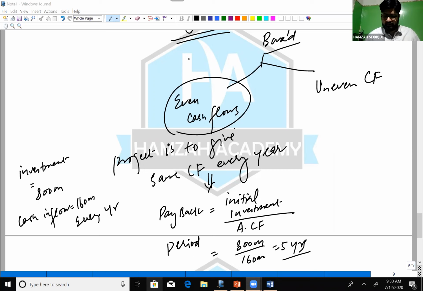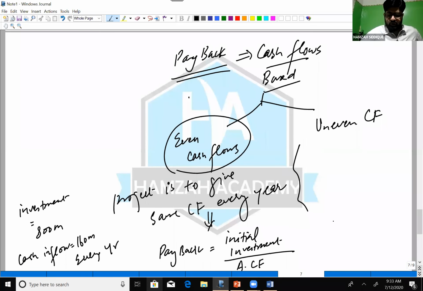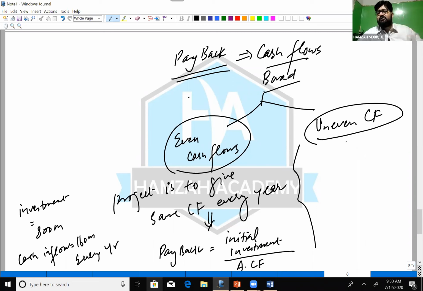Now, next, uneven cash flows. It is more practical because projects normally do not give the same cash flow every year.